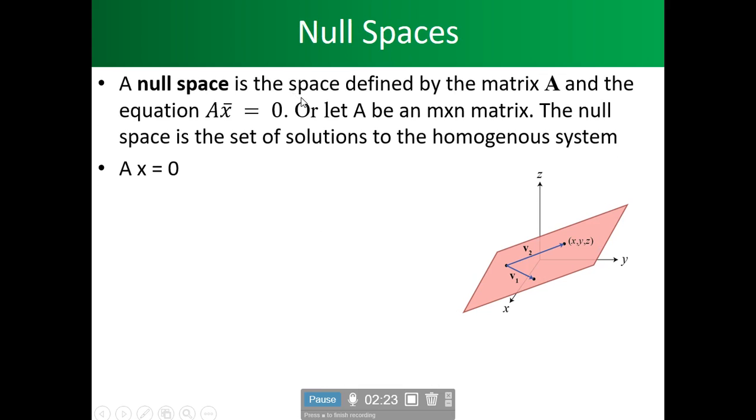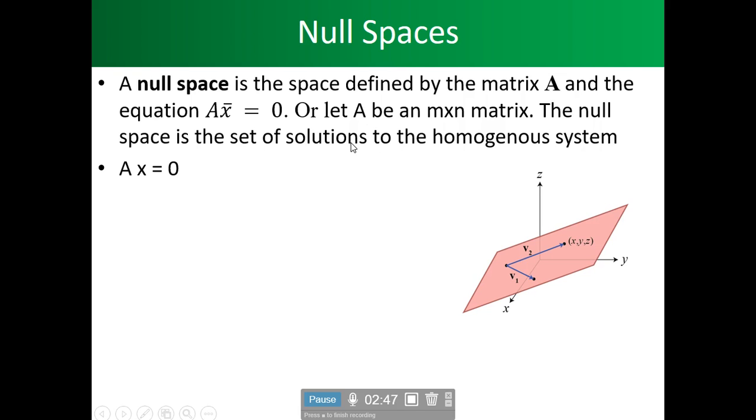A null space is the space defined by the A matrix and the equation AX equals 0. Or we could look at it another way. Let A be an M by N matrix. It doesn't have to be a square matrix. The null space is the set of solutions.